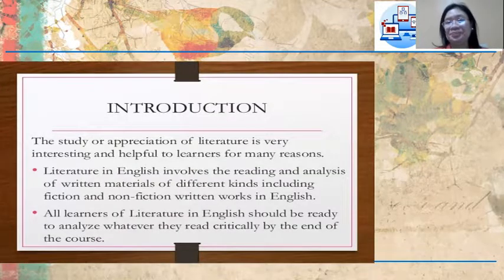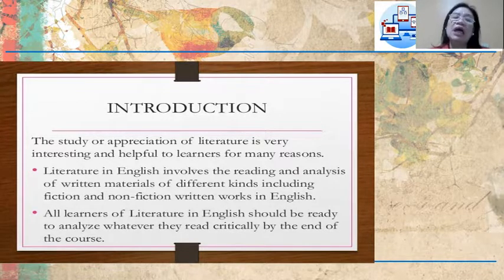Introduction to literature in English. Now, the study or appreciation of literature is very interesting and helpful to learners as well as for teachers for many reasons. First, literature in English involves the reading and analysis of written materials of different kinds, including fiction and non-fiction written works in English.